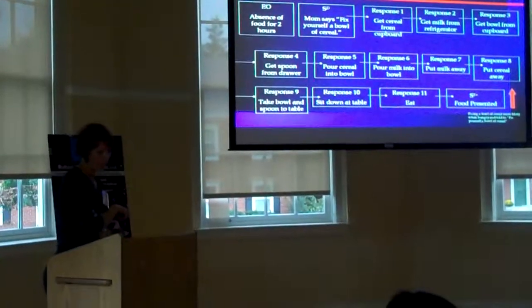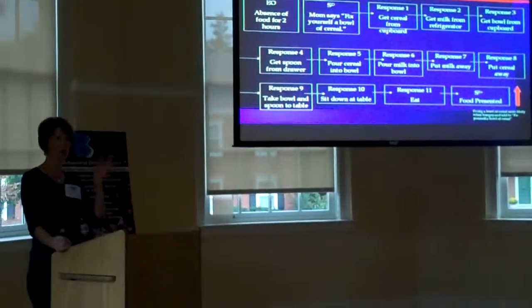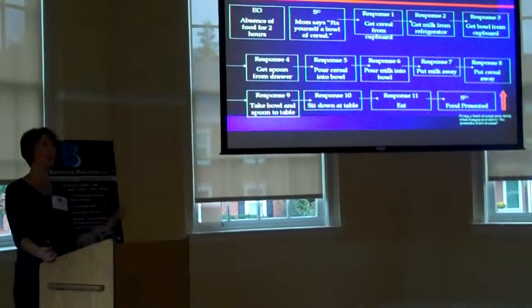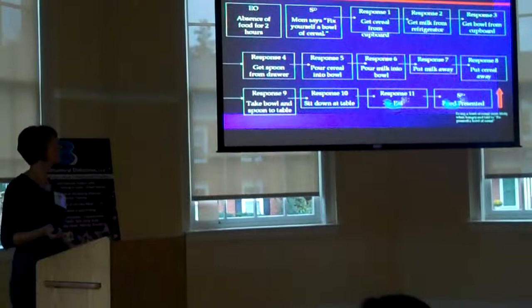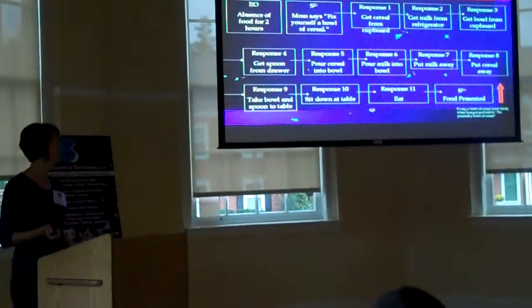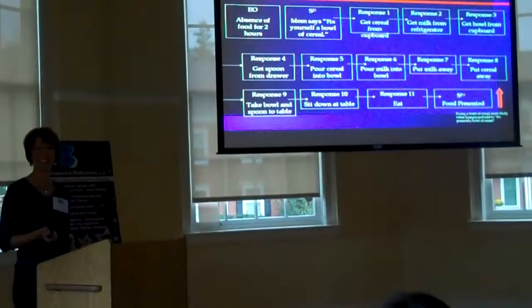So if you think about that getting in the car and starting the engine scenario, it probably gives you an idea of how chaining works and what establishes a chain as you're teaching it. Ah, there they are.